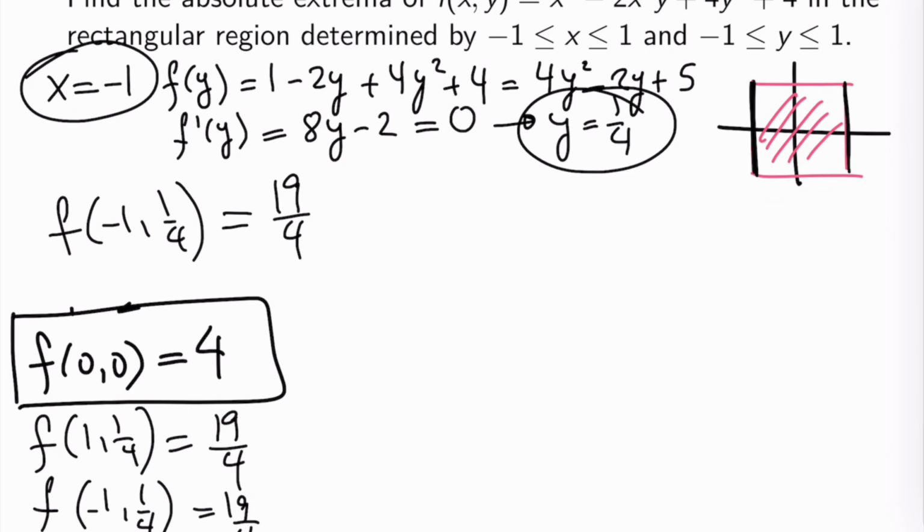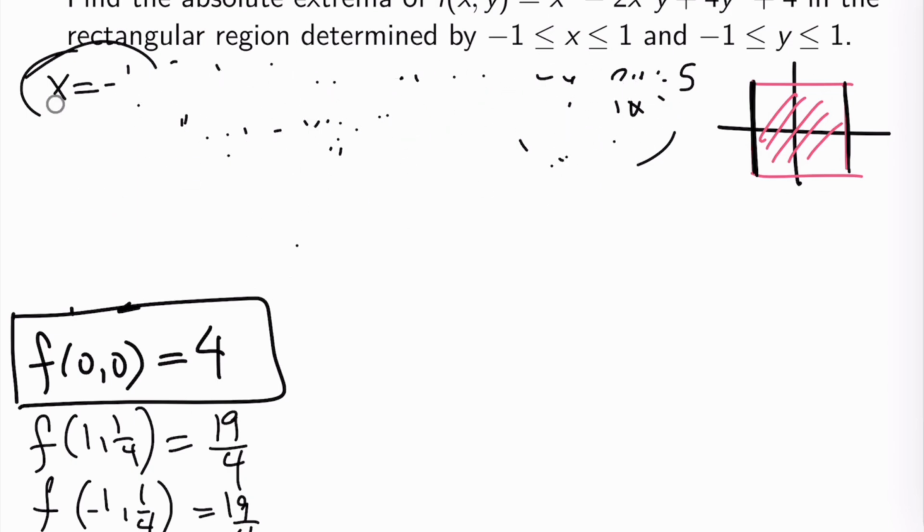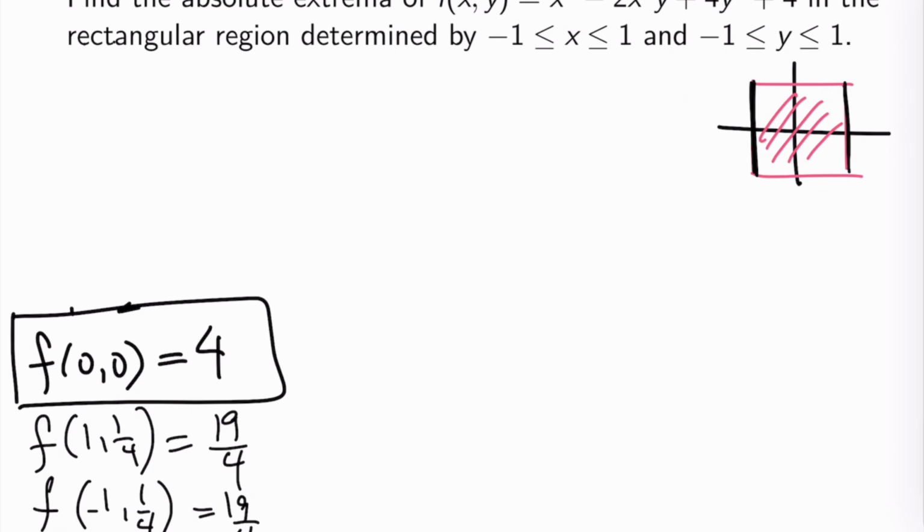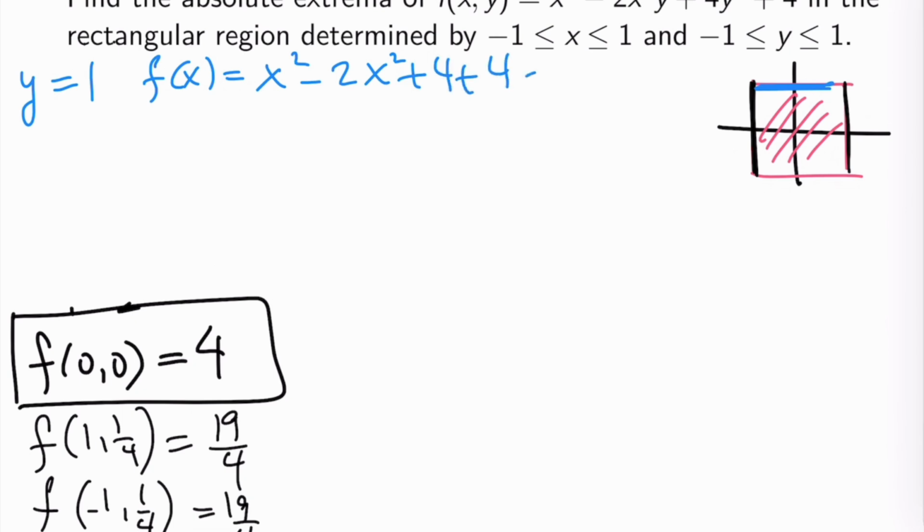Okay, so now we go to the points in the two horizontal segments of this domain. Let's see what happened here, for instance. That will be when y is equal to 1. So we substitute and we get that f of x, again, is a function of just one variable, equals x squared minus 2x squared plus 4 plus 4, which is minus x squared plus 8.